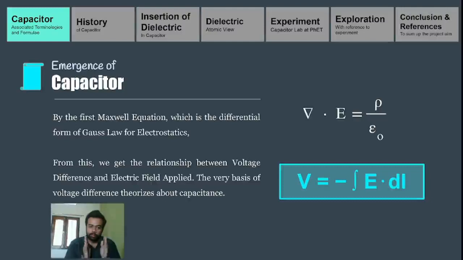In between both plates, charge is accumulated on each of them, and due to the charge accumulation, the polarity of the charges induces an electric field in between them. The expression, negative of the integral of E dot dl, gives us the relationship between the potential applied and the electric field. So there is a potential difference between both plates, and this is the basic principle on which every capacitor stores electrostatic charge.